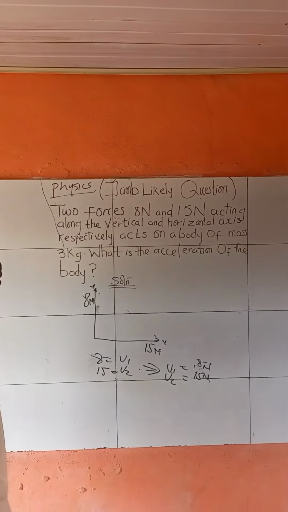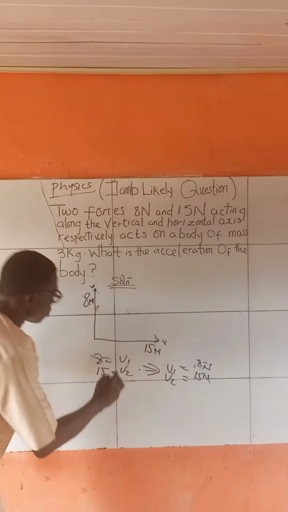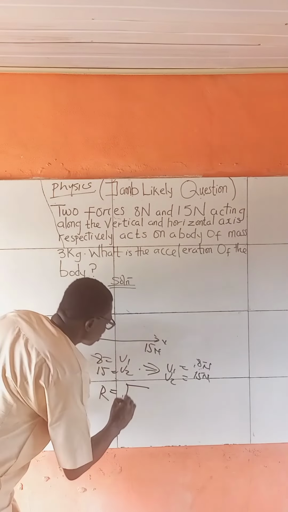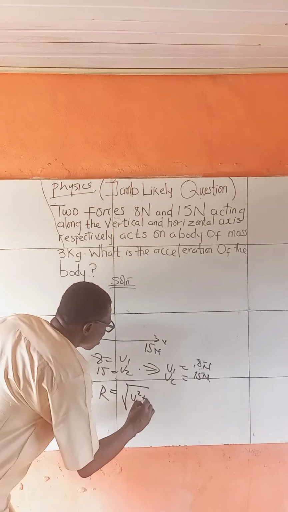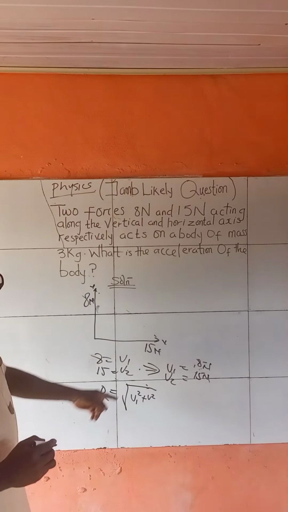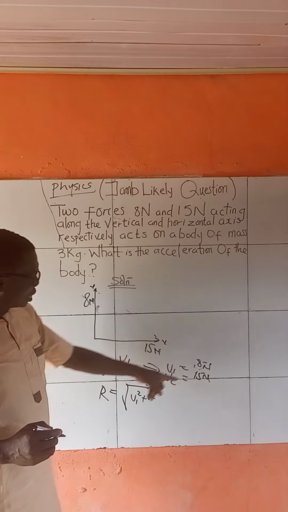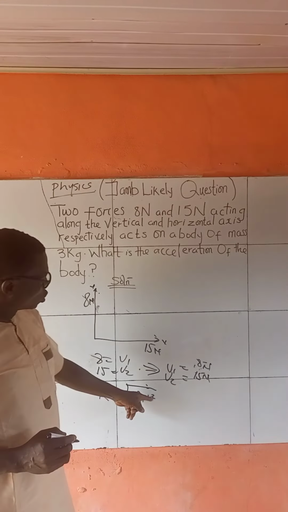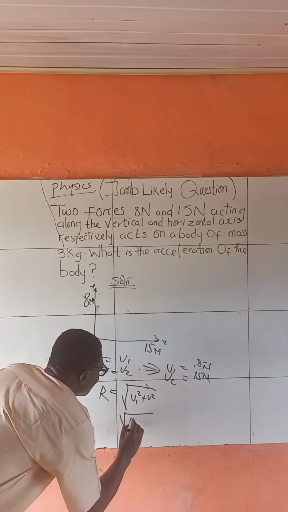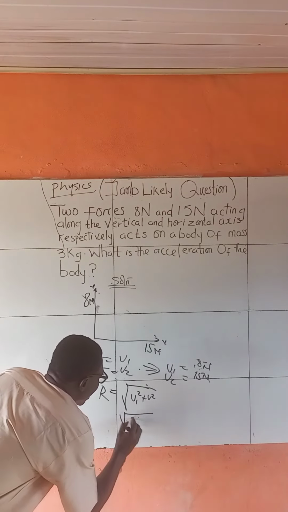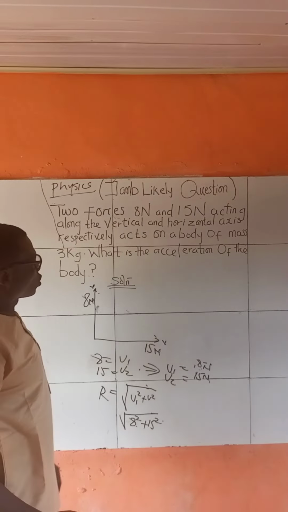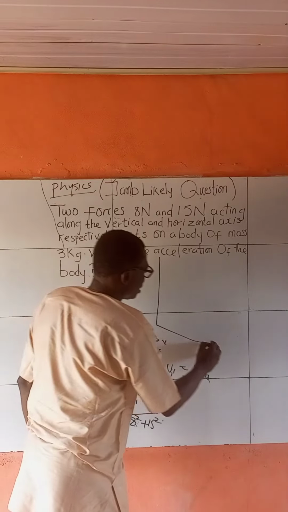So we have R, which is the resultant, equals the square root of V1 squared plus V2 squared. From here, my V1 is 8 and my V2 is 15. So I have the square root of 8 squared plus 15 squared.